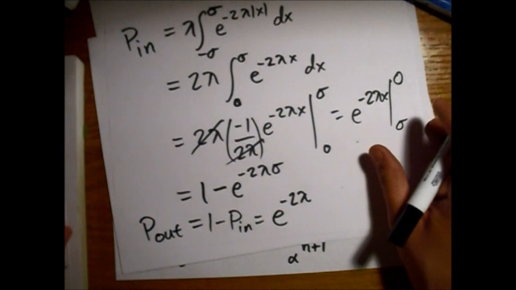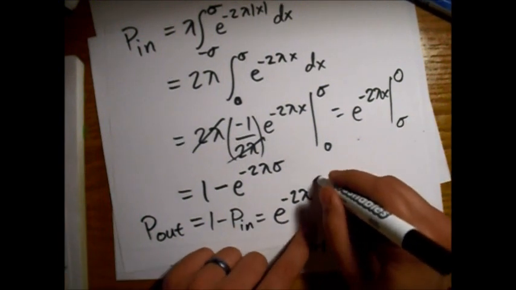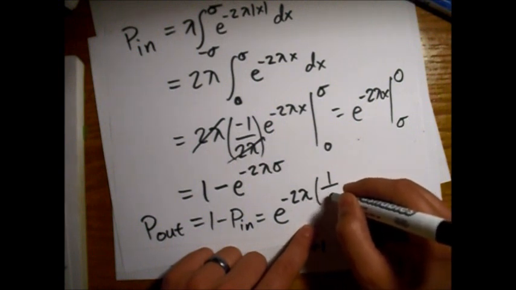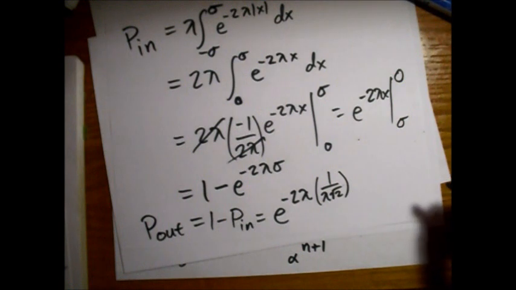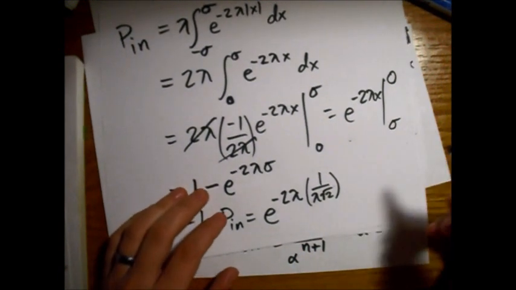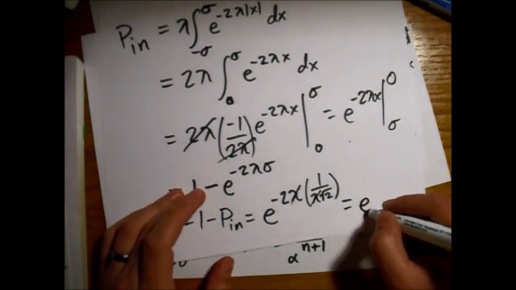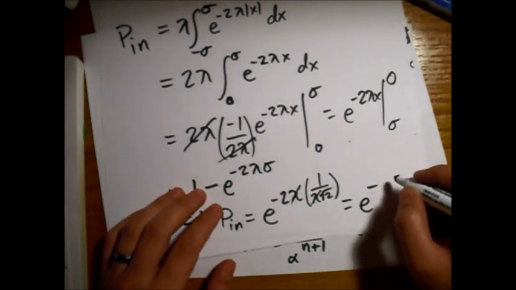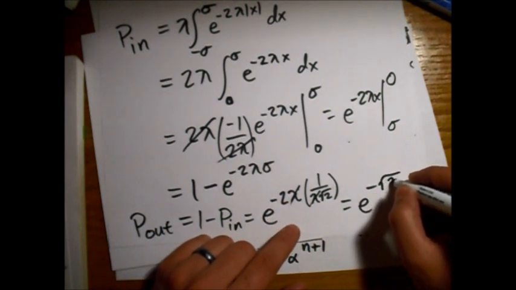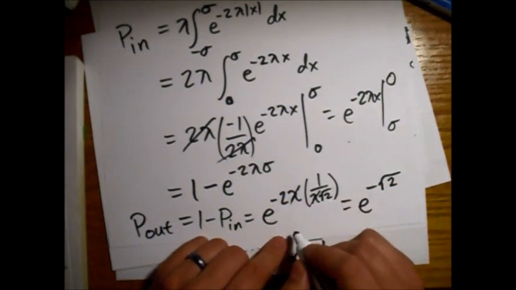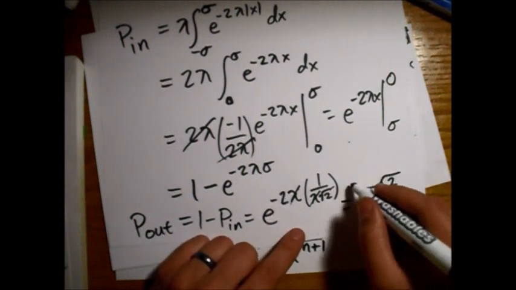Our sigma was 1 over lambda times the square root of 2. Alright. So the lambdas cancel out, and we just have e to the minus, and then we can take the square root of 2, divide out here from the bottom to the top. So here's what we're finally left with.